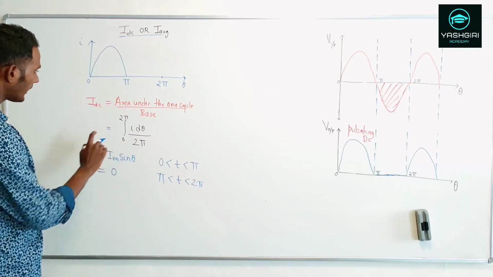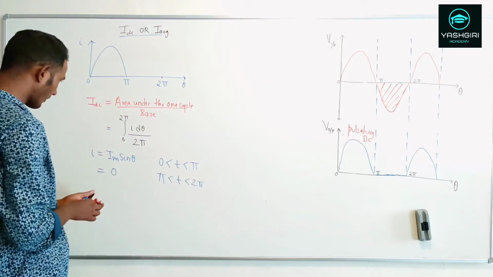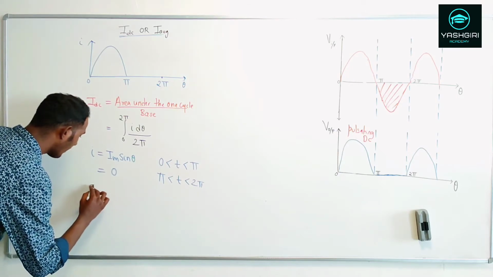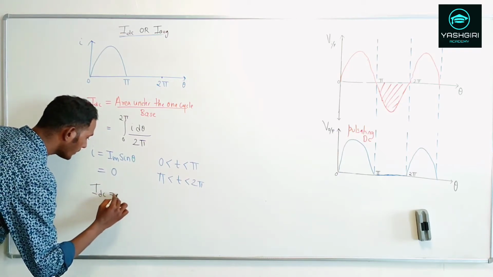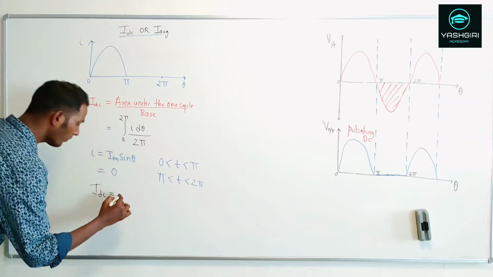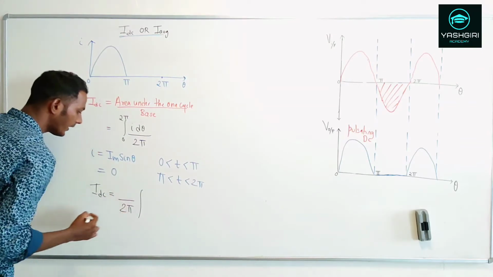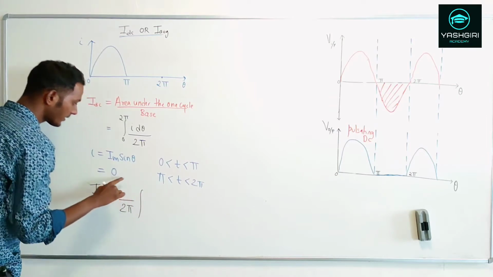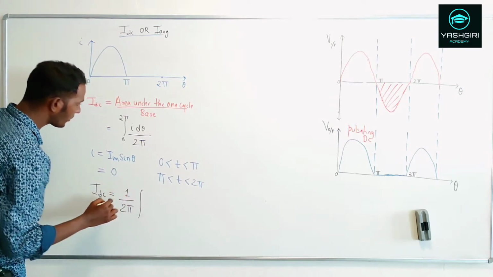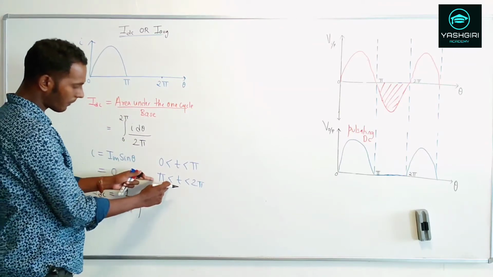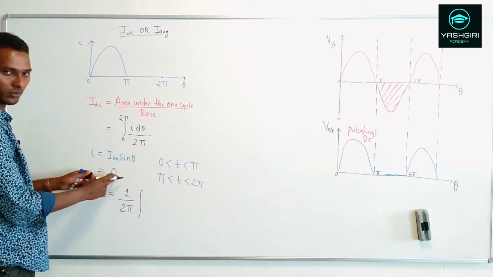Yes, so I can rewrite this expression using these condition limits, and I can write IDC is equal to 1 upon 2 pi, taking the 2 pi out of the integration. So integration from 0 to pi, because I know from pi to 2 pi the current value is 0.